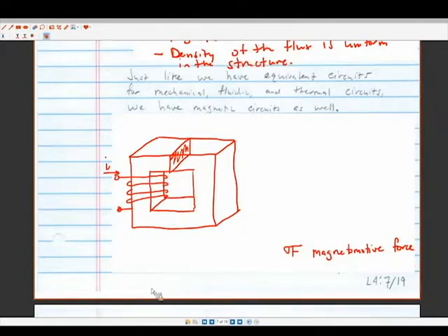We have flux that we've already described, from lectures on Wednesday and Friday last week. This is in units of Webers.